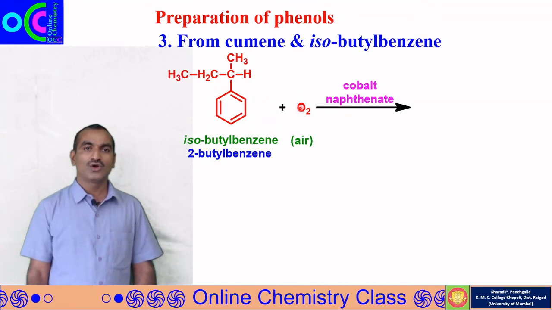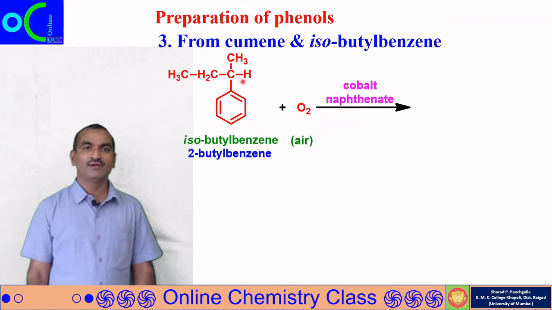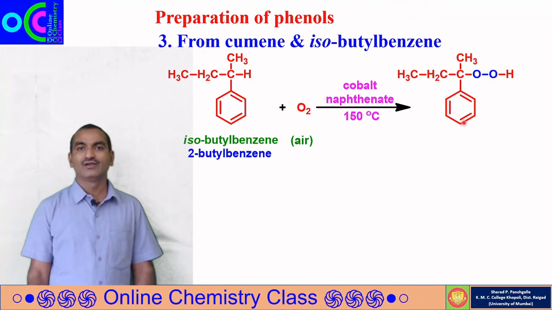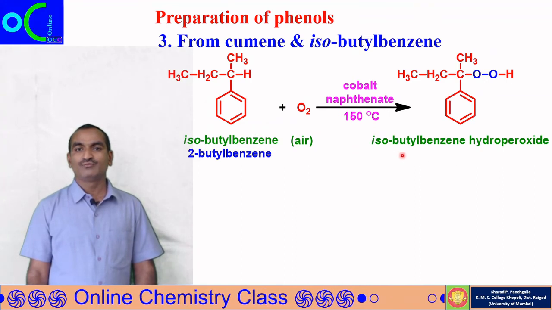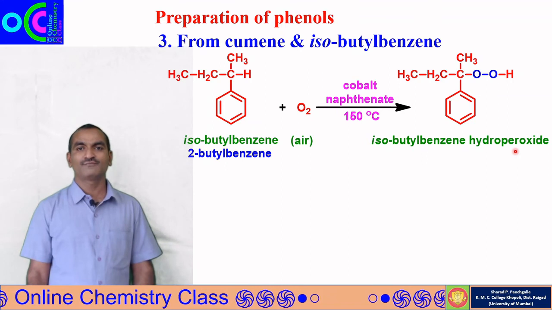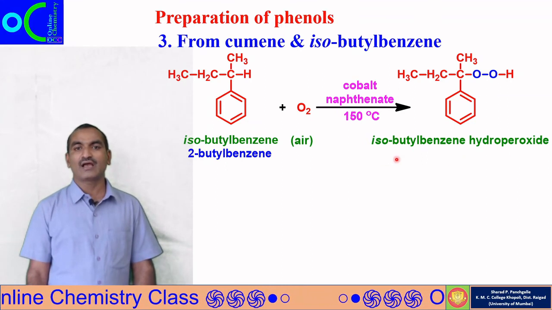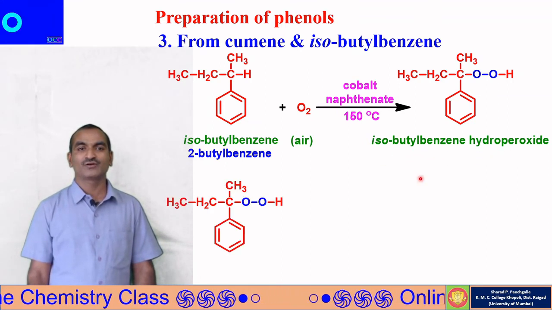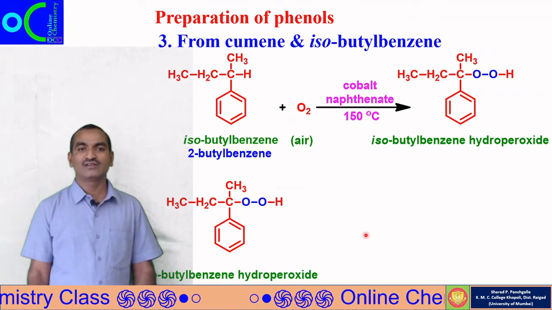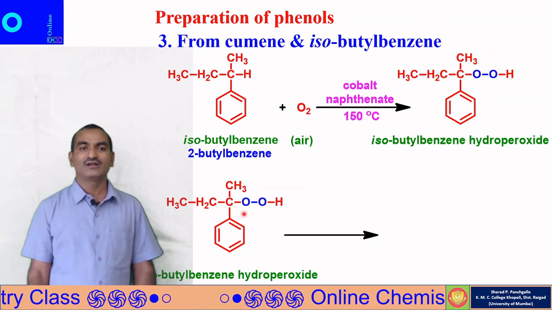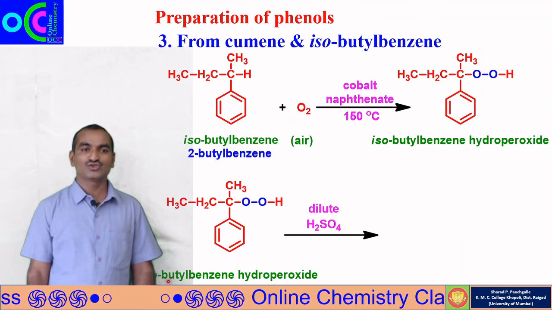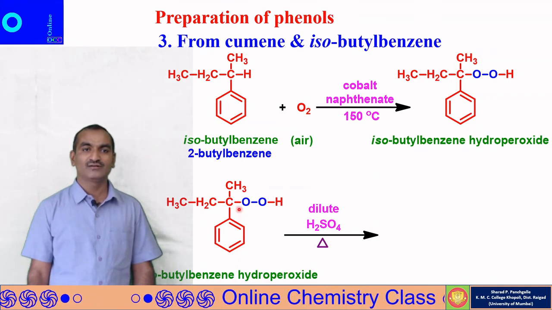So this oxygen will be inserted in between the carbon-hydrogen bond and we will get isobutyl benzene hydroperoxide as the product of the first step. Now this isobutyl benzene hydroperoxide, when heated with dilute sulfuric acid, undergoes degradation. So there will be degradation of isobutyl benzene hydroperoxide.